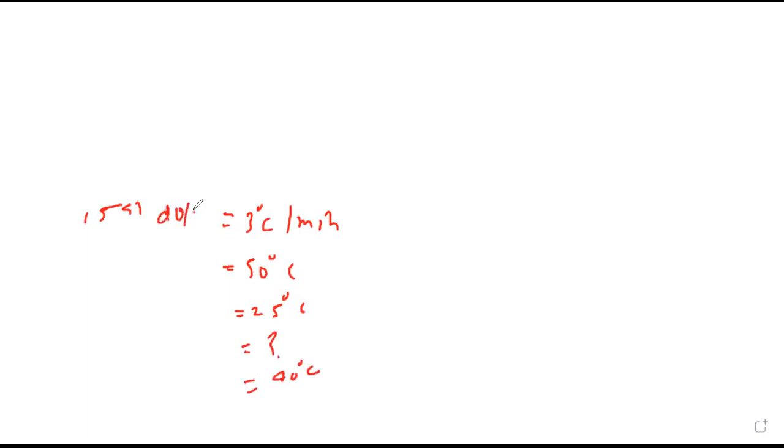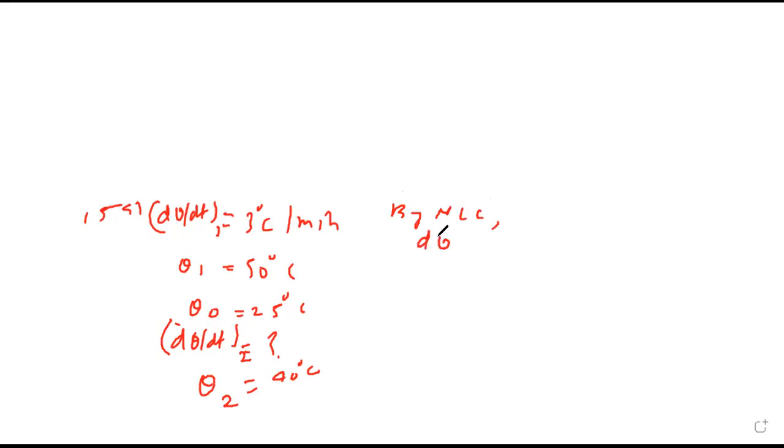So first, the rate of cooling d theta by dt, when its temperature is 50 and the surrounding is 25. What is the rate of cooling d theta by dt of the second case, when the temperature of the body is 40? By Newton's law of cooling, d theta by dt is c into (theta minus theta 0). If an interval is not given, then theta will remain theta, otherwise it will become the average.